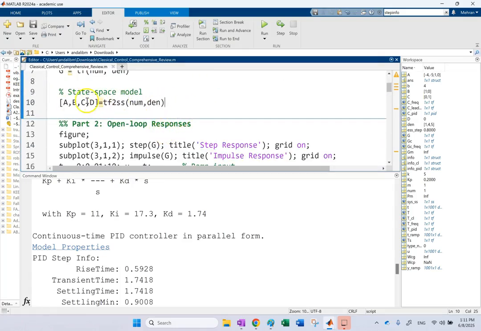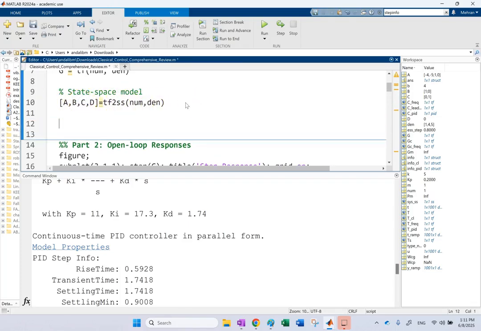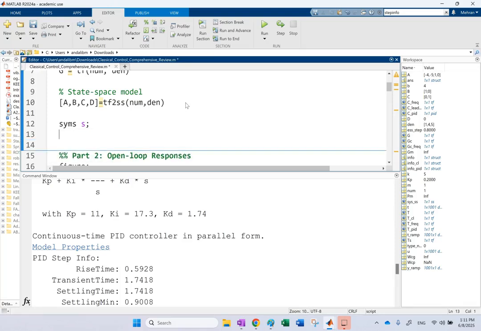But if you think that these matrices are wrong, as I said, you can use that formula I showed you and show that the transfer function is the same. How? So you say sys of s, and then you say, give me basically C times inverse of s times identity matrix minus A, and then times B plus D. Okay, and maybe you can do a simplify of that and write it also pretty.